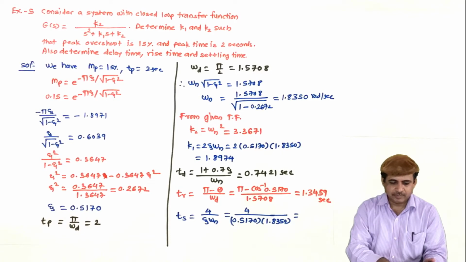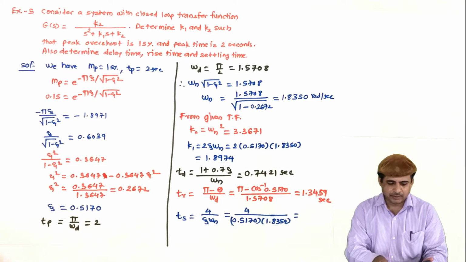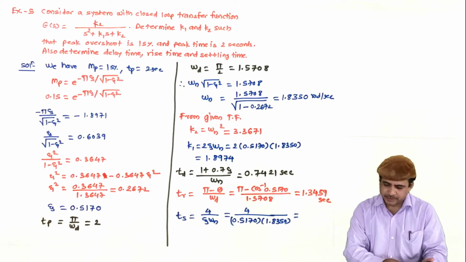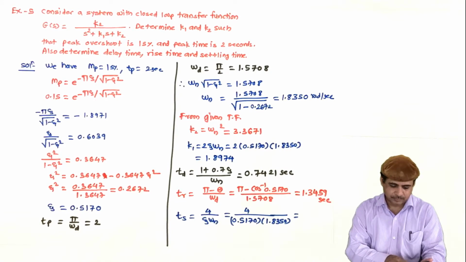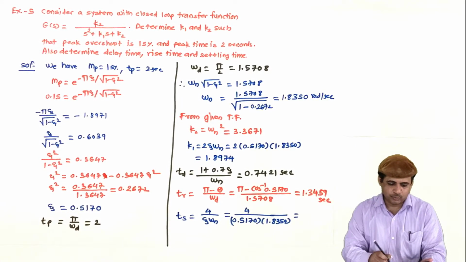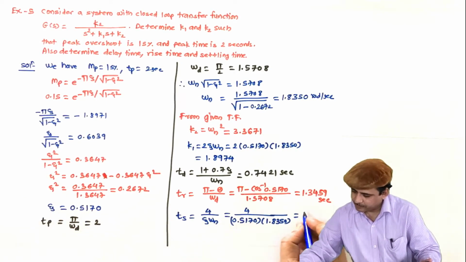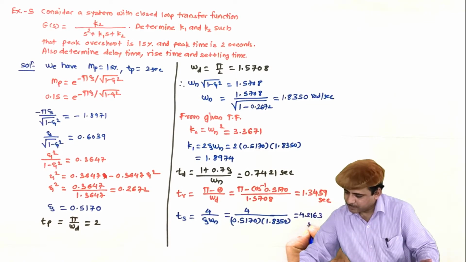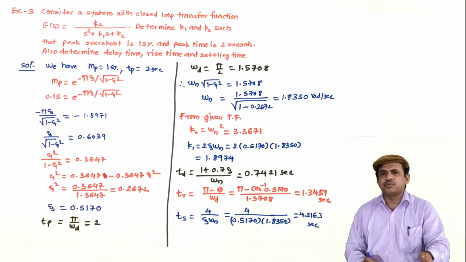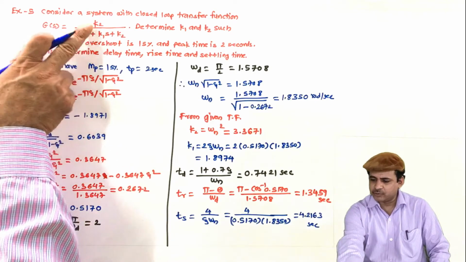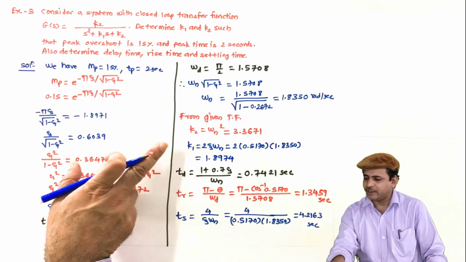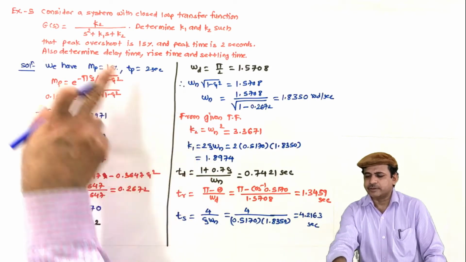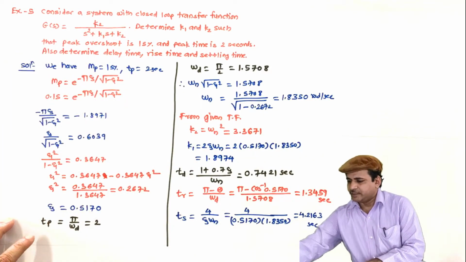So settling time is coming around 4.2163. And even if it is asked to find the transfer function, it can be done, because now we have k2 and also k1. Just put them here, you will get it.